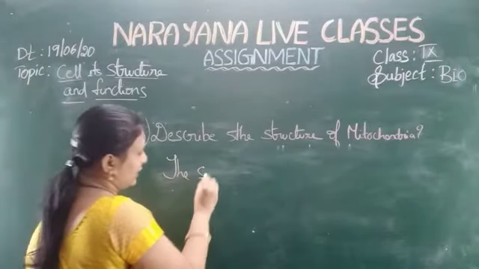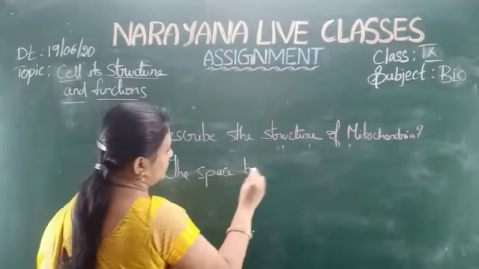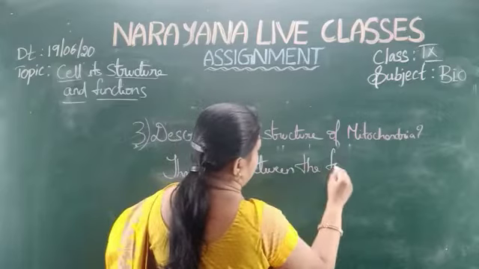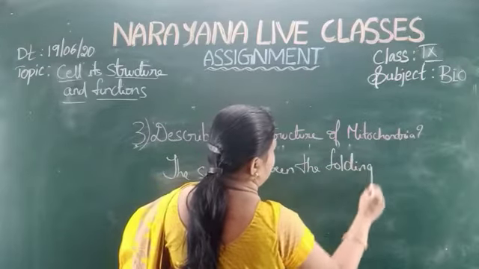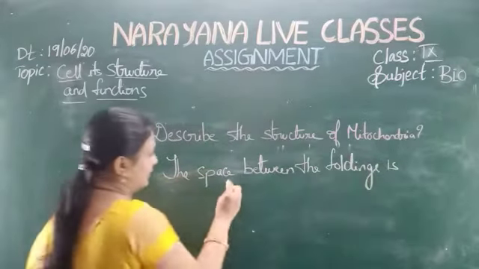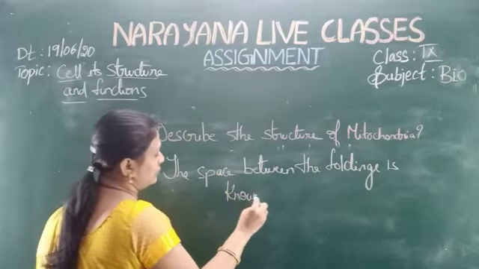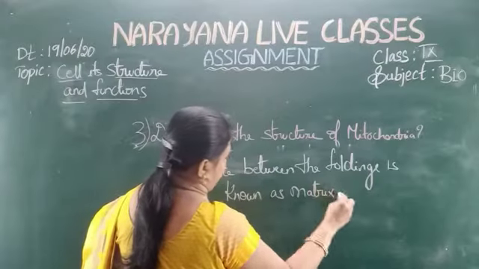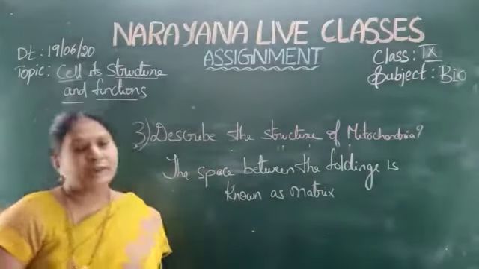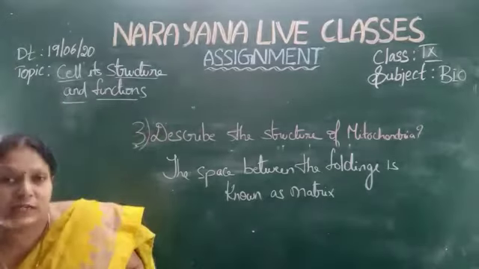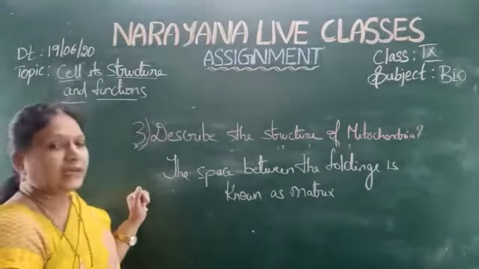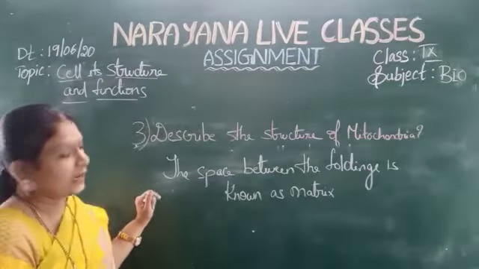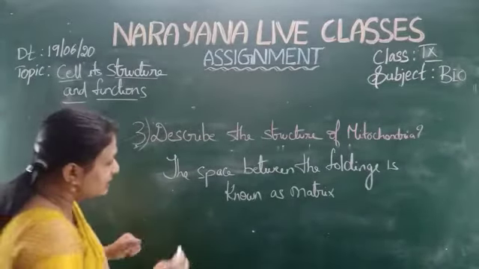The space between the foldings is known as matrix. Mitochondria is helpful in cellular respiration as it derives energy from the cell. So we call mitochondria the powerhouse of the cell.